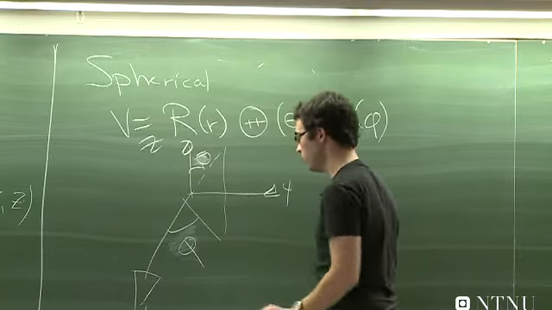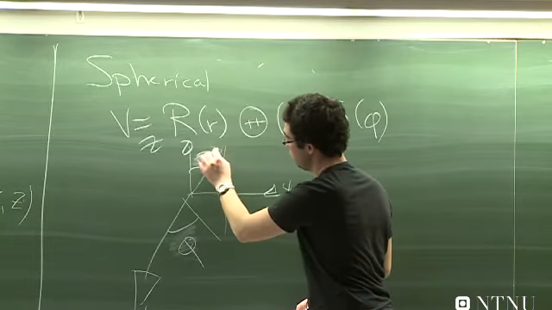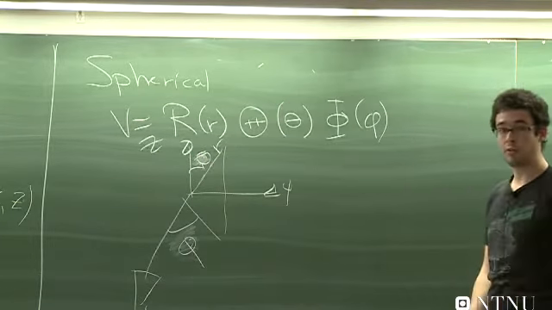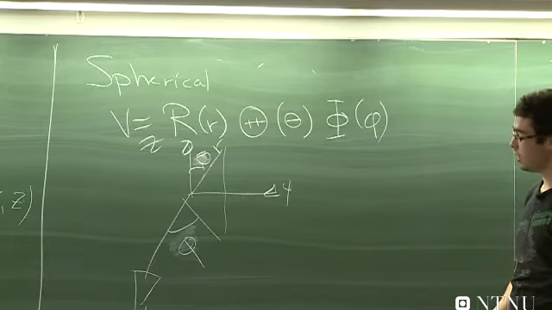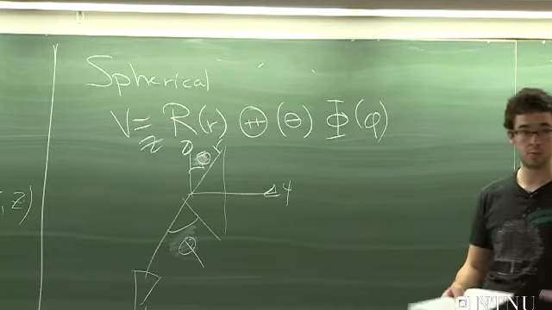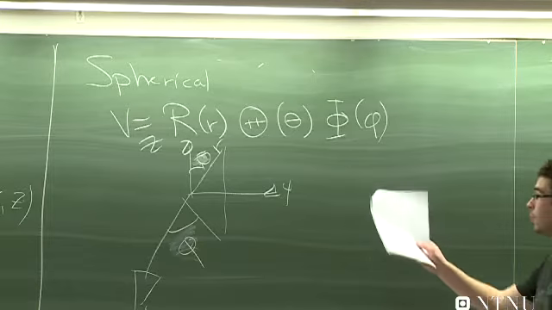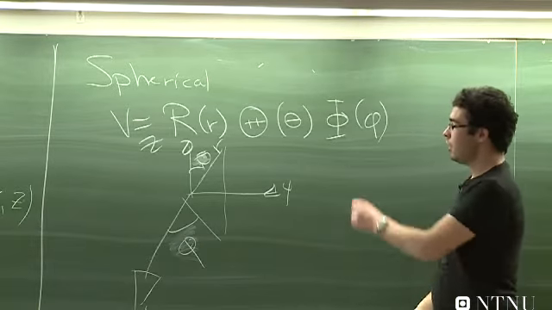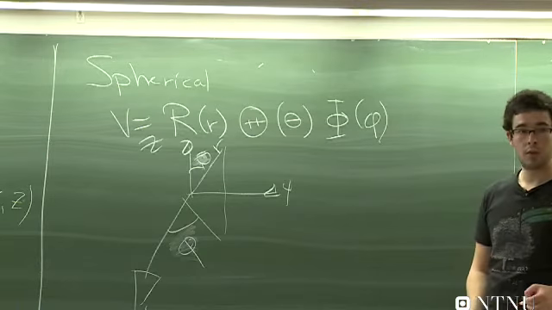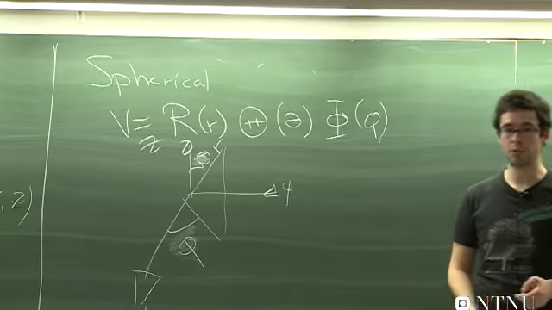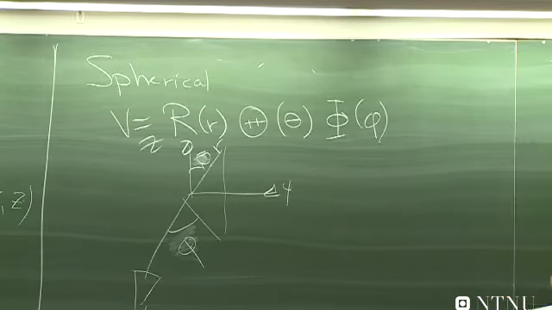This is theta. And this is r right here. So if you have some system with spherical symmetry, let's say some conducting sphere or something like that, then you can more easily solve this boundary condition problem by using separation of variables in spherical coordinates. And I'm pretty sure you've done the same thing in quantum mechanics when you find the wave functions for an atom, let's say a hydrogen atom, for example.